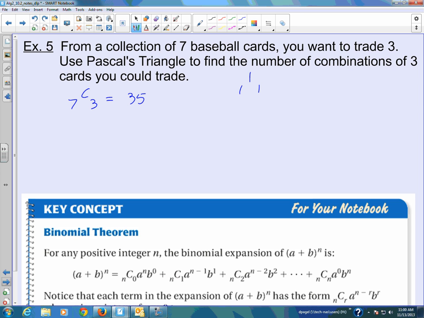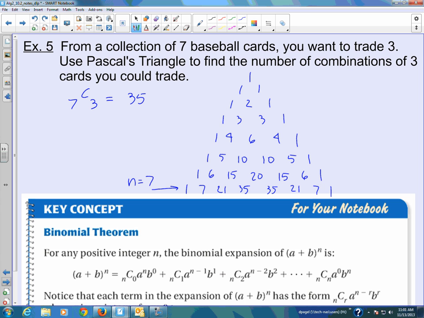In looking at Pascal's triangle, here's what we have. Just listing out the numbers within Pascal's world here, again adding the 2 numbers above to come up with the number below. And finally, we end up in our 7th row. Here we are in row number 7.